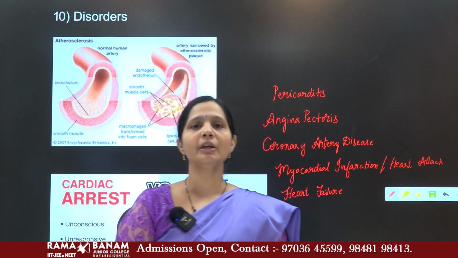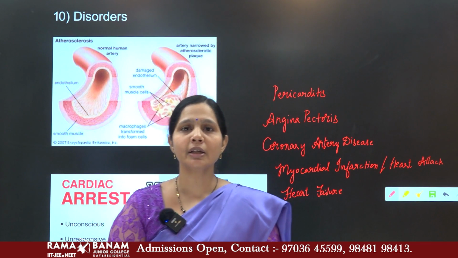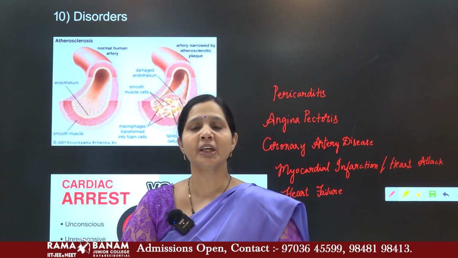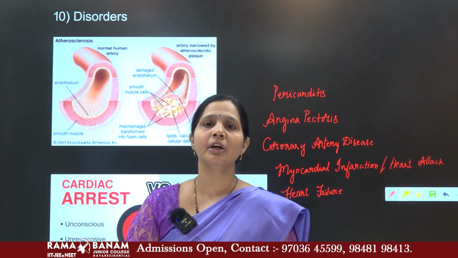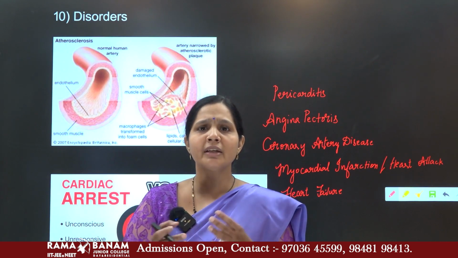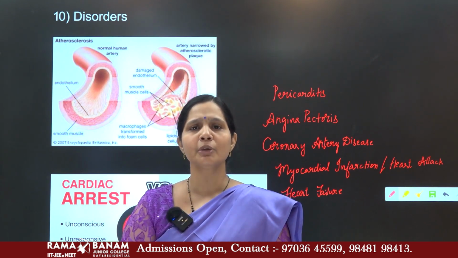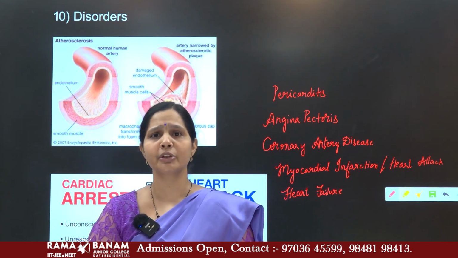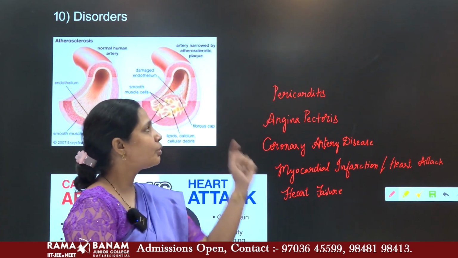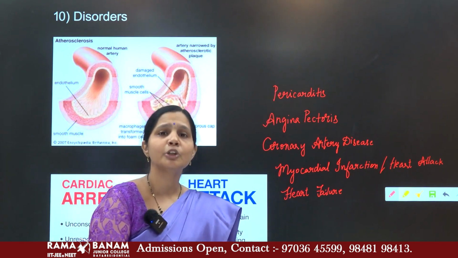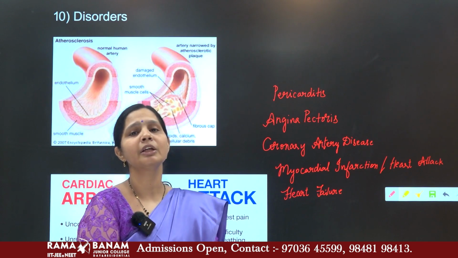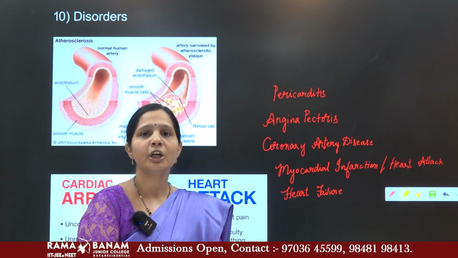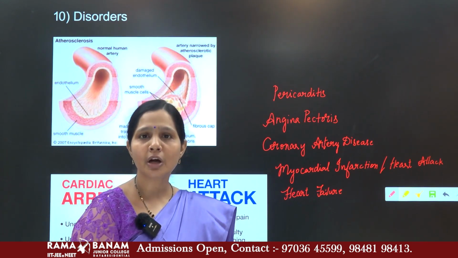So during pericarditis, this pericardial cavity, instead of being filled with the pericardial fluid, blood and other fluid get accumulated here and put a compression on the heart, which can be fatal and can lead to the death of the person. So this condition is what is known as pericarditis. So this happens whenever there is an injury or damage to that of the muscles of the heart.